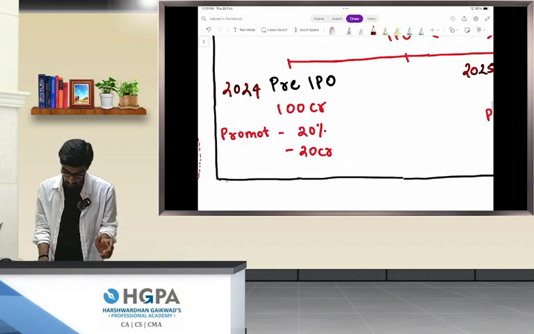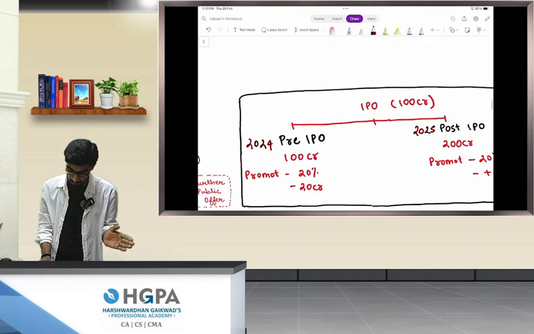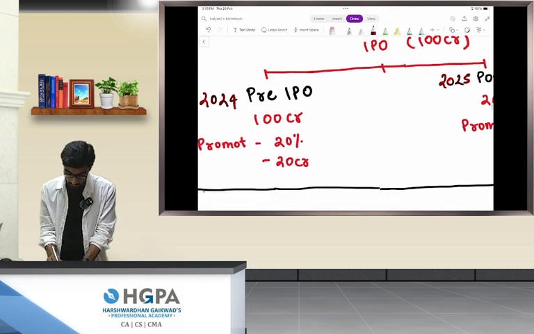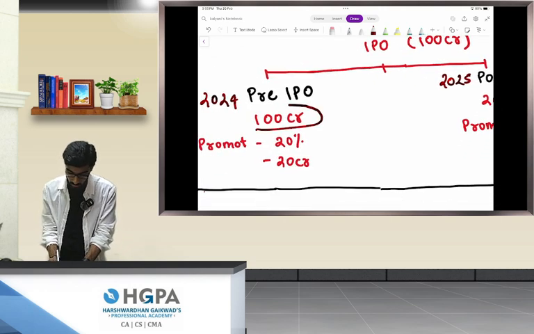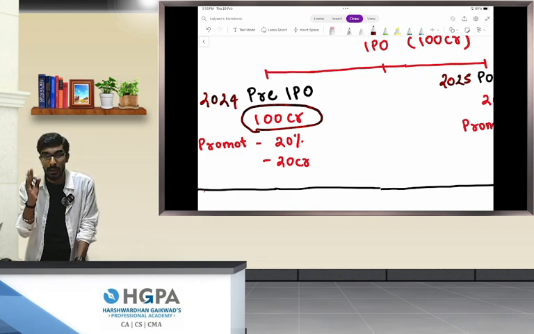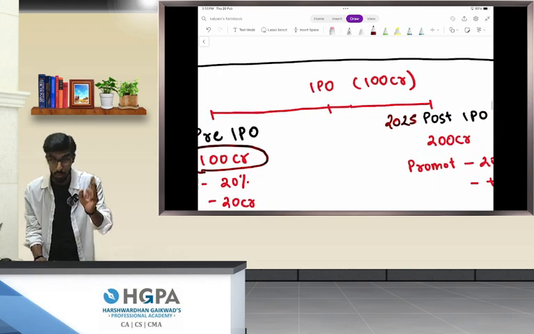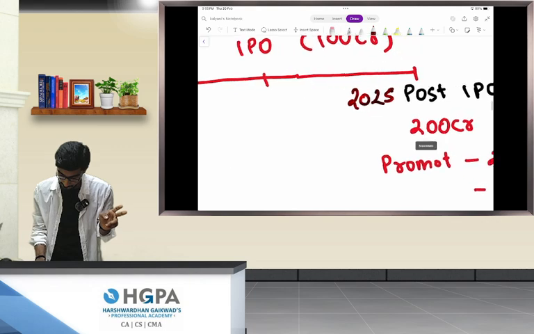No problem. Before the company got listed, that is pre-IPO, the capital was 100 crore rupees. The total capital, that is pre-issue capital, is 100 crore rupees. Now it launched an IPO for another 100 crore rupees. That means total 200 crore rupees.